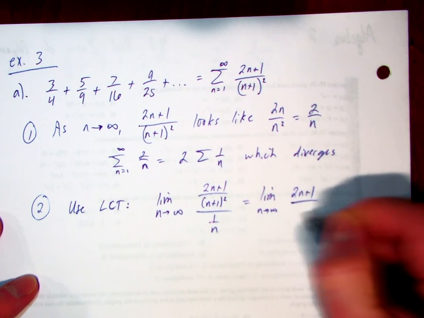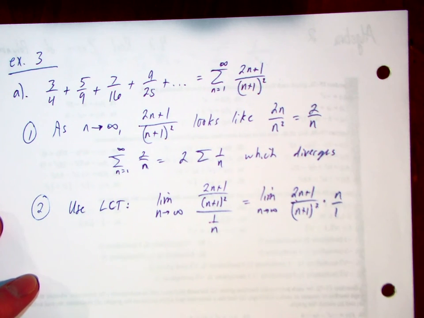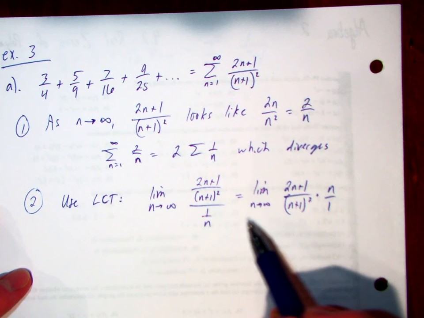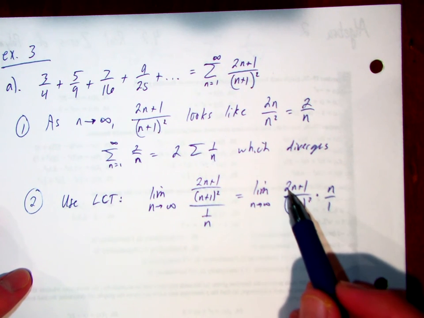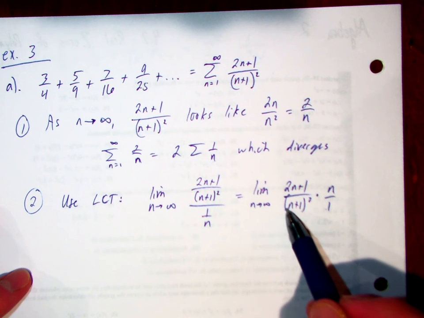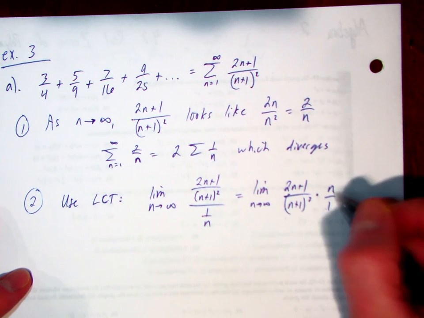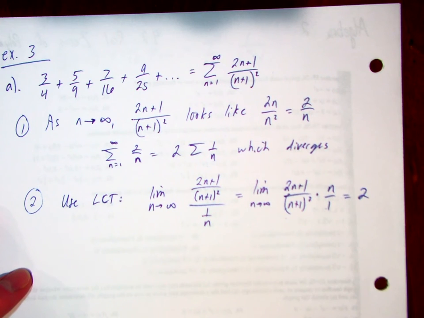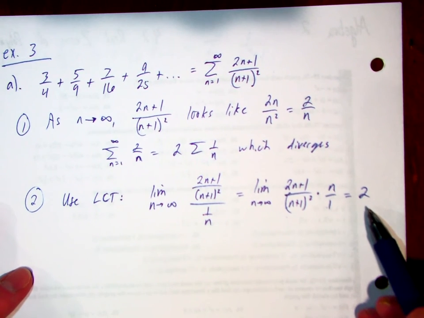So 2n plus 1 over n plus 1 squared times n over 1. What happens as n goes to infinity? Just like before, we look at the degrees. n times 2n would be 2n squared. 1 times n squared would be n squared. So this thing looks like 2n squared over n squared. Since the degrees are the same, look at the leading coefficient. This whole thing approaches 2. I hope that should be clear by now.